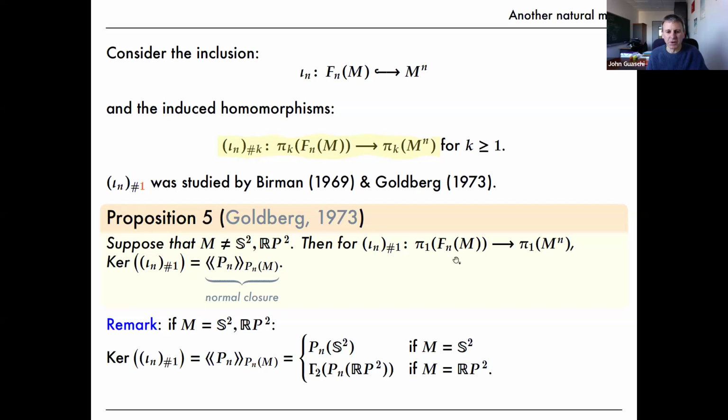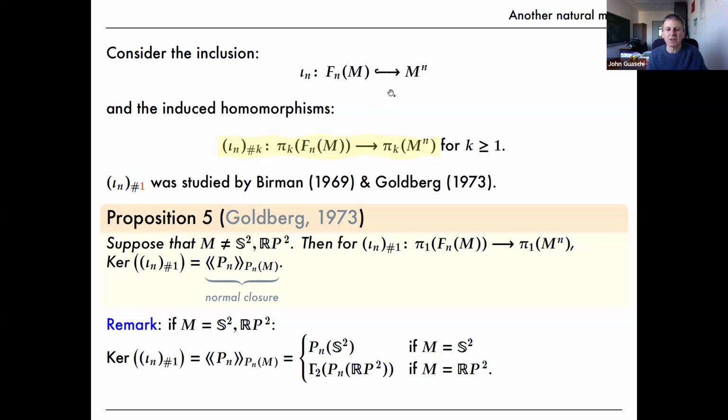So in fact, for the projective plane, this homomorphism is basically abelianization. So that's a kind of known result about this inclusion and the induced homomorphisms on pi 1.